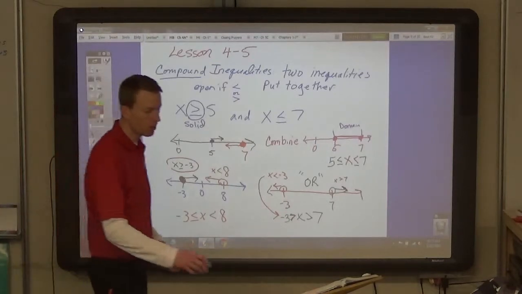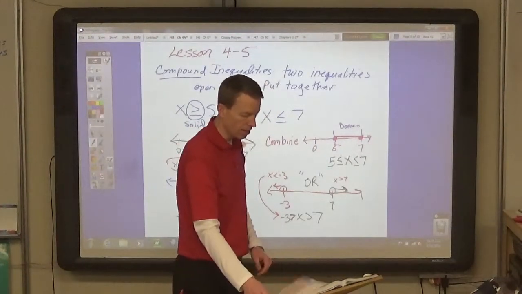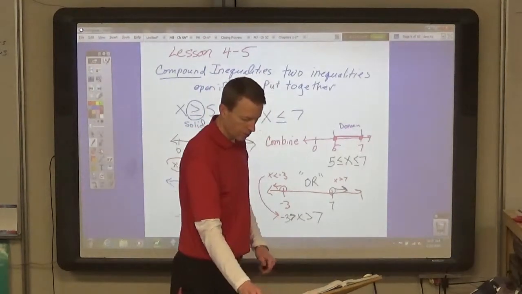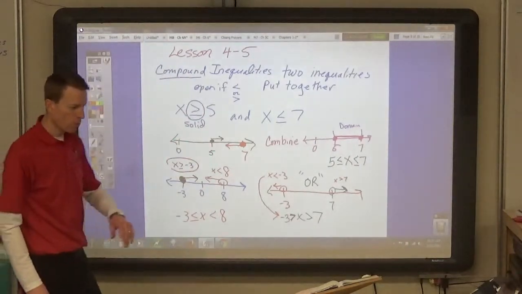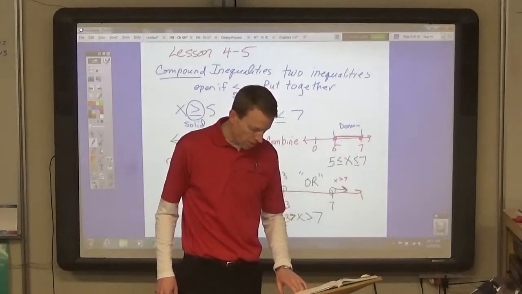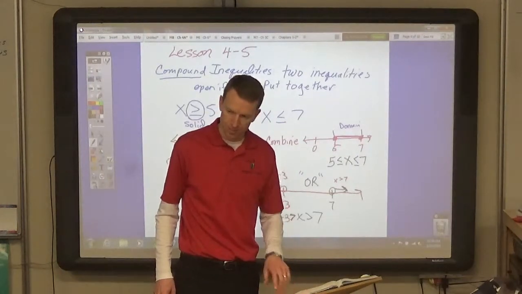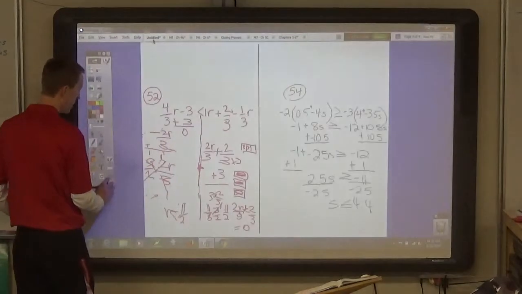So what you're going to be doing today is practicing reading and writing these compound inequalities. For example, in real situations, we have example 1 in your book: all real numbers that are between -4 and 6.